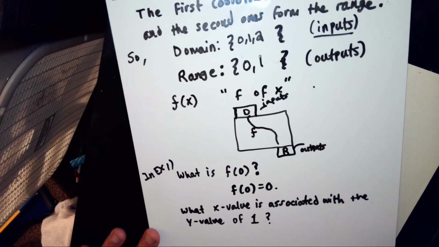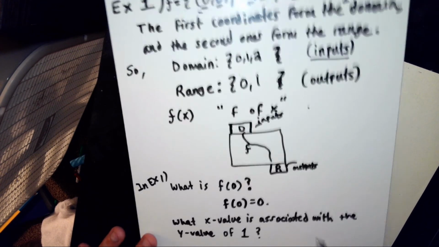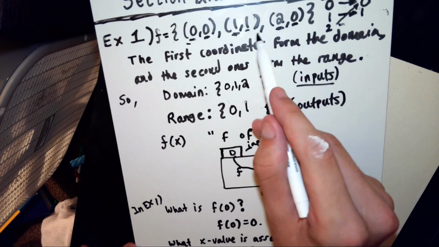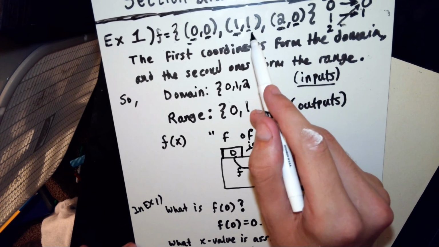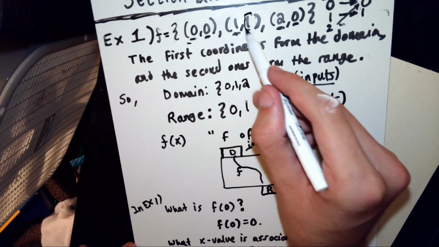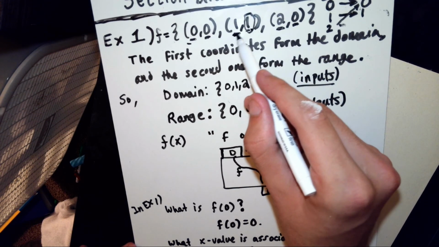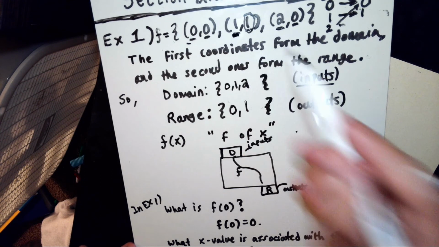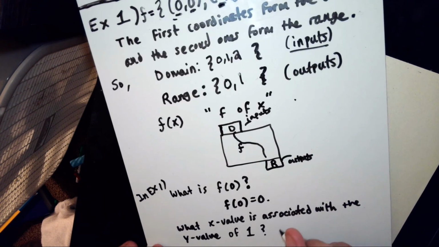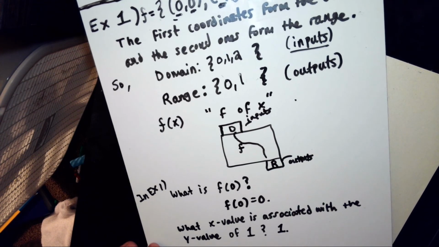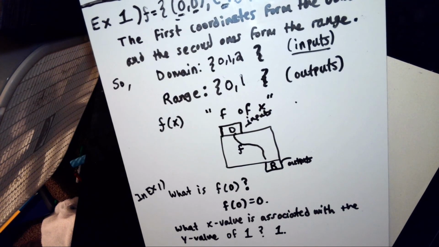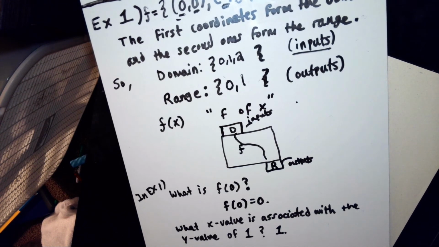Well, we look for the y value of 1 in our set, and we can see that it's right here, and the x value associated with it is the number 1. So the answer to this would be 1. 1 is the x value that's associated with the y value of 1.